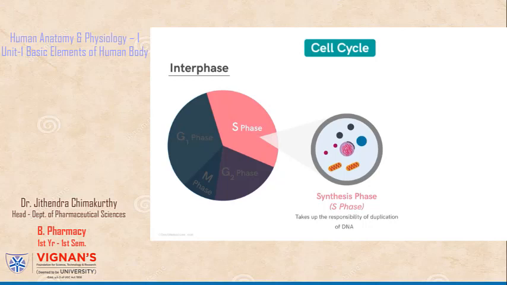Now, along with the nucleus, there is one more important organelle that gets duplicated in the S phase. Do we know this bundle of threads present in the cell? That is called the centrosome. This bunch contains smaller organelles called the centrioles placed within, usually at right angles.